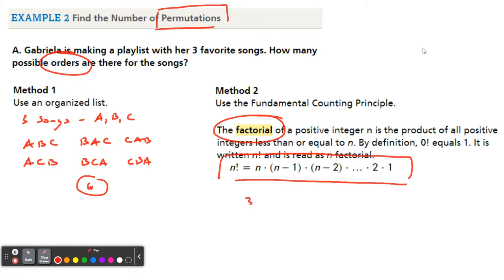So we just do 3 factorial, which would be 3 choices for the first spot times 2 for the next spot times 1 for the third spot, because there's 1 song left. 3 times 2 is 6 times 1 is 6. So we can use factorials to do permutations as well. This is when the number of choices matches the number of spots. We had 3 songs for 3 spots.